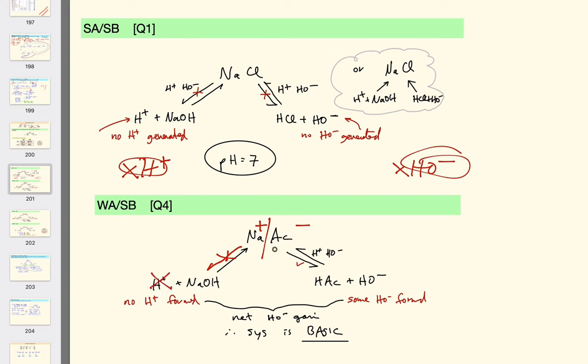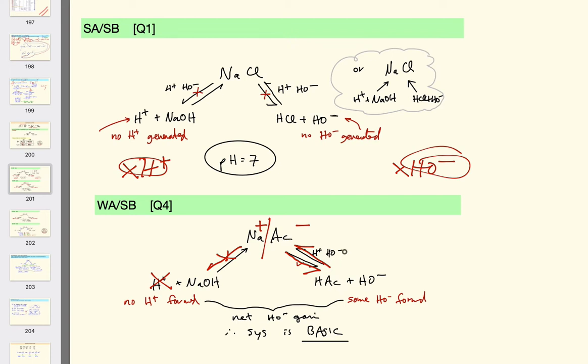But look at what happens with acetate. Can acetate actually decompose to form acetic acid? Absolutely. Why? Because this is a weak acid, and we know it has an equilibrium constant. So we know this happens and this happens. If you have 100% of this material, because there's an equilibrium constant, some HAc, some acetic acid, has to form.